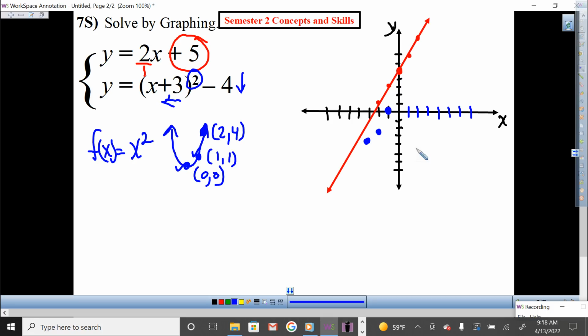We good? And then we need to reflect these to the other side. So there's a point from here, there's a point 1 up, 1 to the right, so there should be one up and 1 to the left. And then this one is 1, 2, 3, 4, and 2 to the right, so 4 up and 2 to the left.